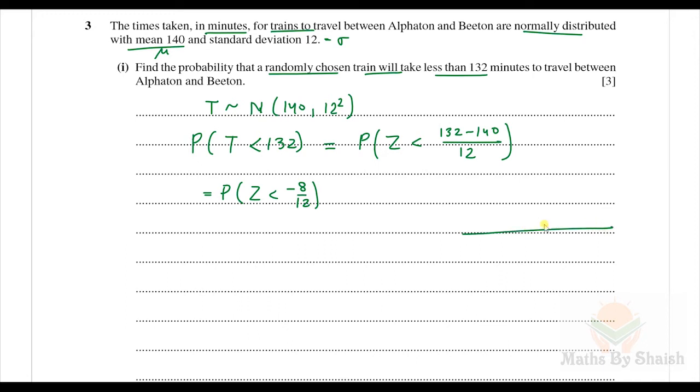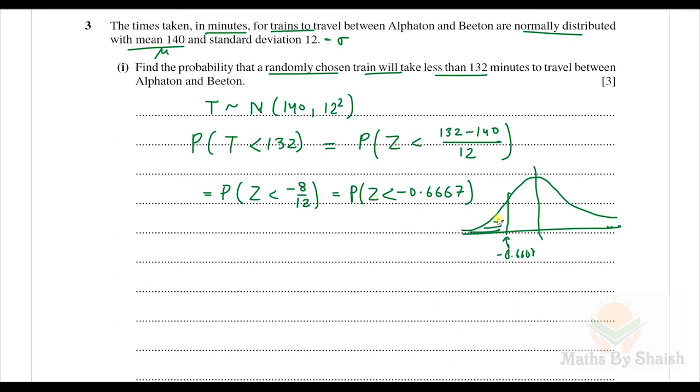Now we can see from the diagram of normal distribution, minus 8 over 12 is going to be probability of z less than minus 0.666 and so on. I'll write it to 4 decimal places, and since it is minus, it will lie somewhere here. It is minus 0.6667, and we need to find less than that.